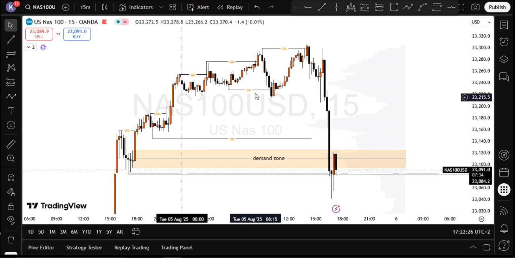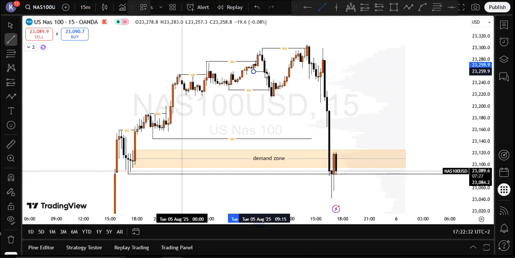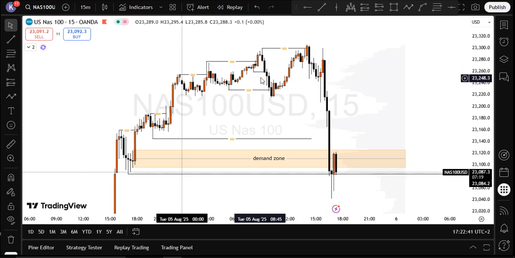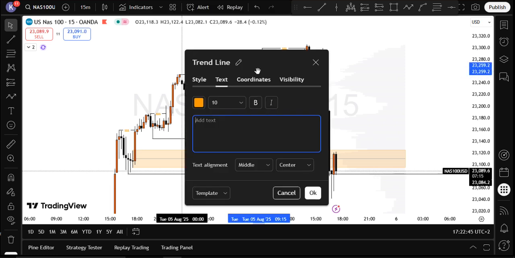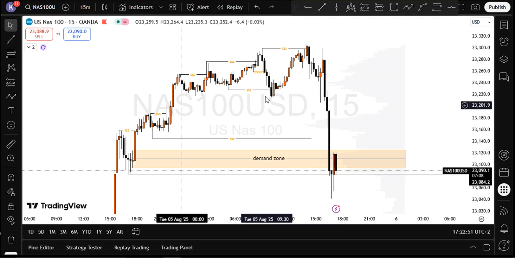So it swept sell side liquidity here. And then also above here we got a change of character, because that's the first low the market took out. If you check clearly, you will see that this candlestick closed below the zone. That's where we got a change of character, indicating to us that we might be selling anytime soon.